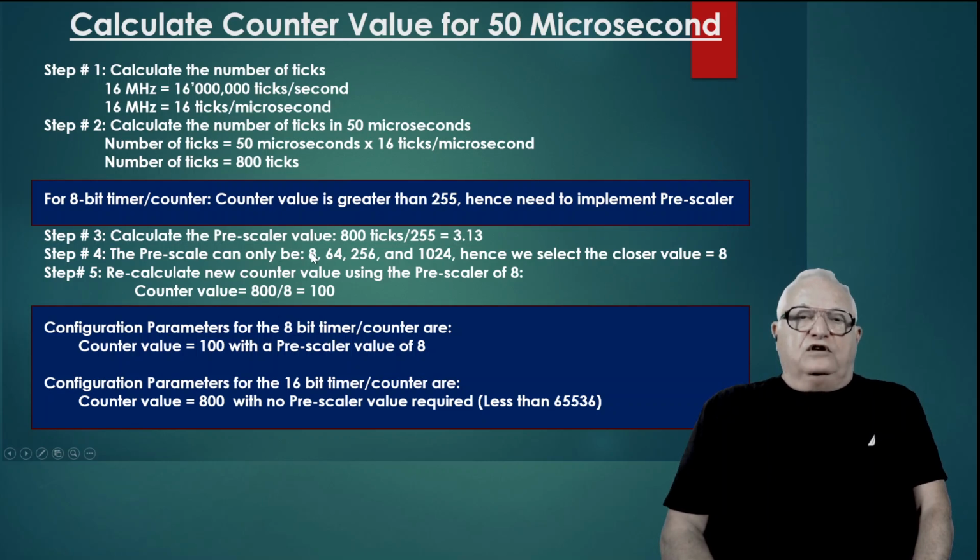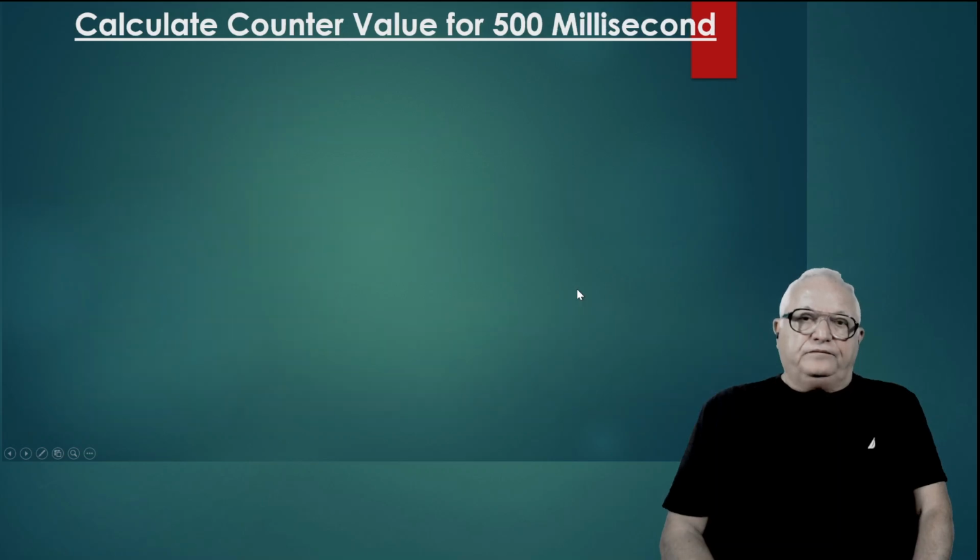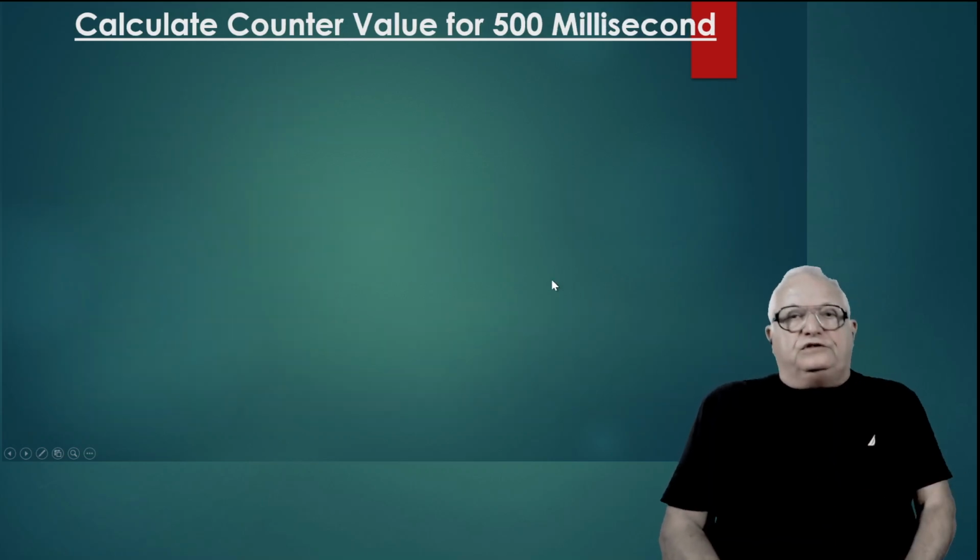So we selected the closest, which was the 8. And then we did our calculation again. So we calculated our counter using a prescaler of 8, which was 100. And the parameters that we need to use are a counter of 100 with a prescaler of 8. In the case of the 16-bit, we did not have to do anything because it's less than 65,535.